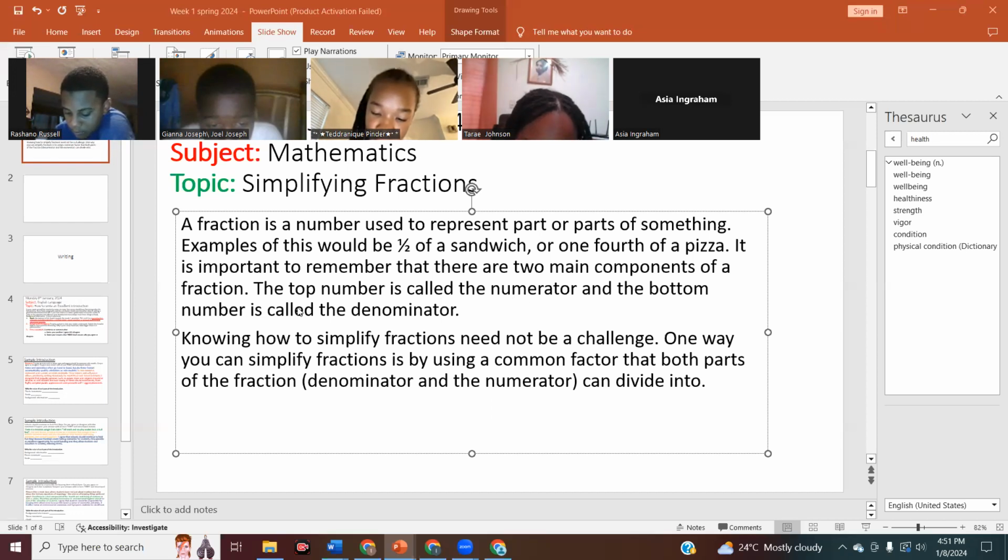It is important to remember that there are two main components of a fraction. The top number is called the numerator, and the bottom number is called the denominator.